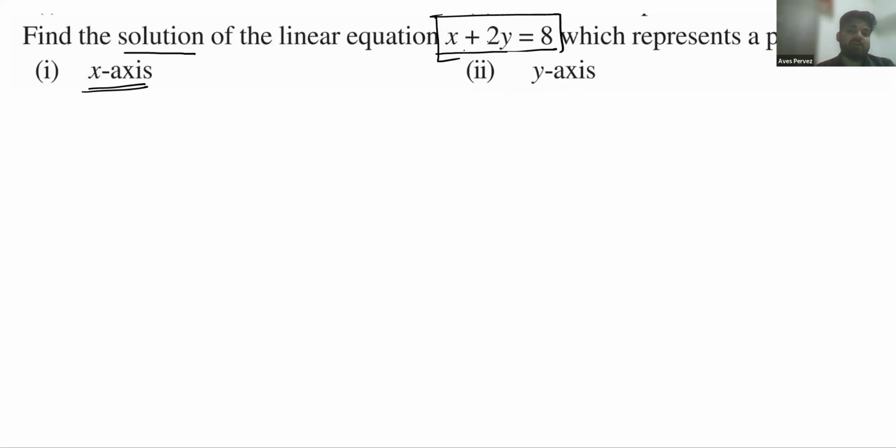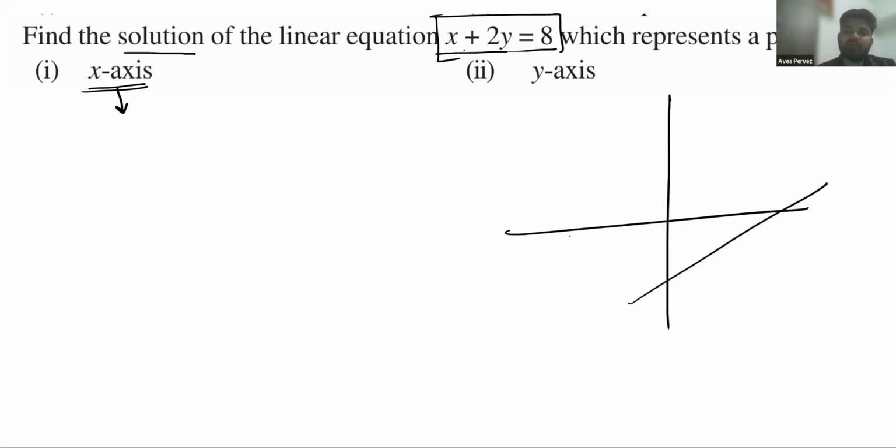Let me assume that we don't know the x coordinate. Wherever it is cutting, let it cut. It may cut here, it may cut here.